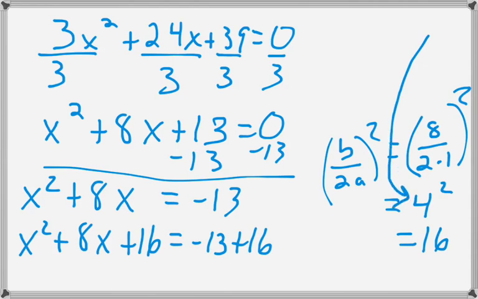Whatever you squared here, so here we squared 4, that left side's going to factor now as x plus 4 squared. You can check that if you want by factoring or by multiplying this back out. 4 times 4 is 16, 4 plus 4 is 8. So now x plus 4 squared equals 3, and now we can apply the square root property.